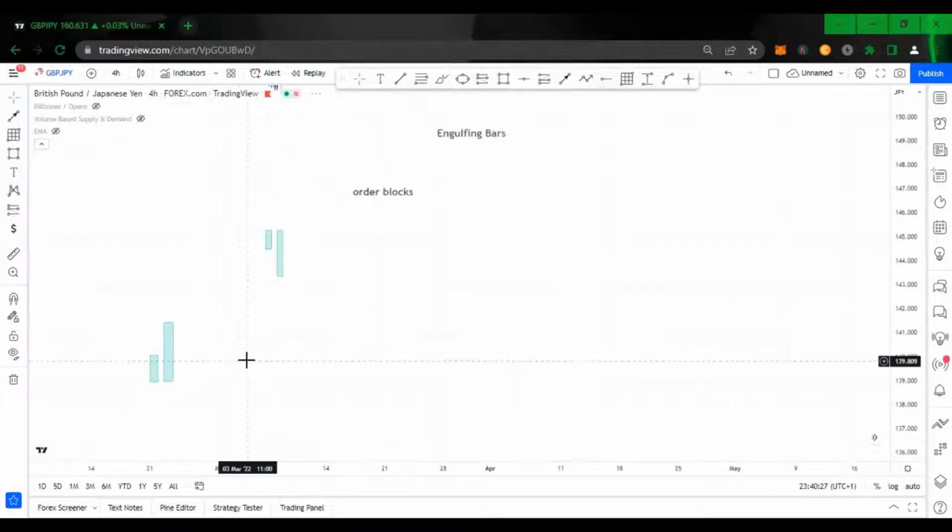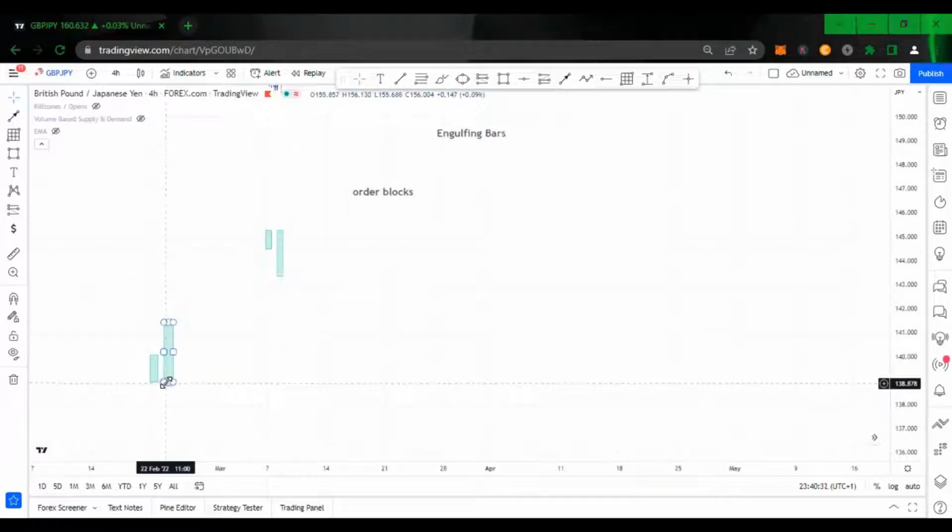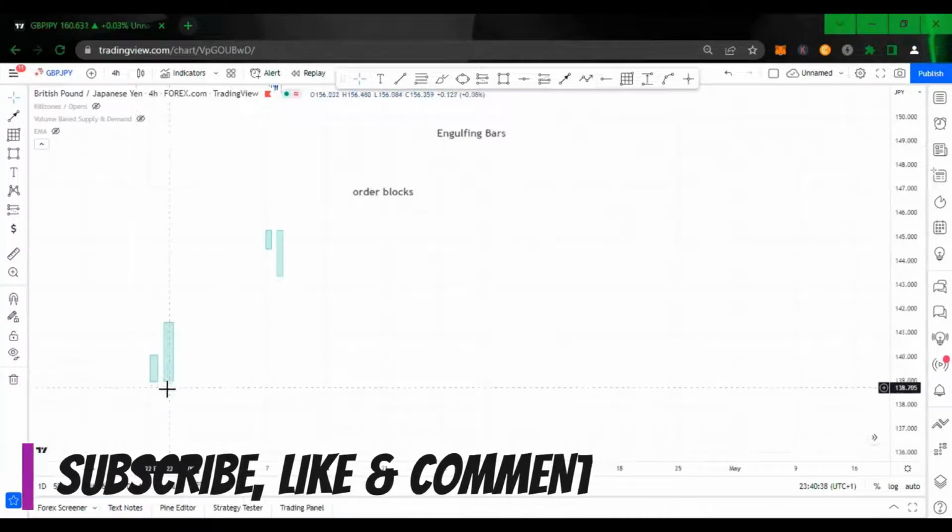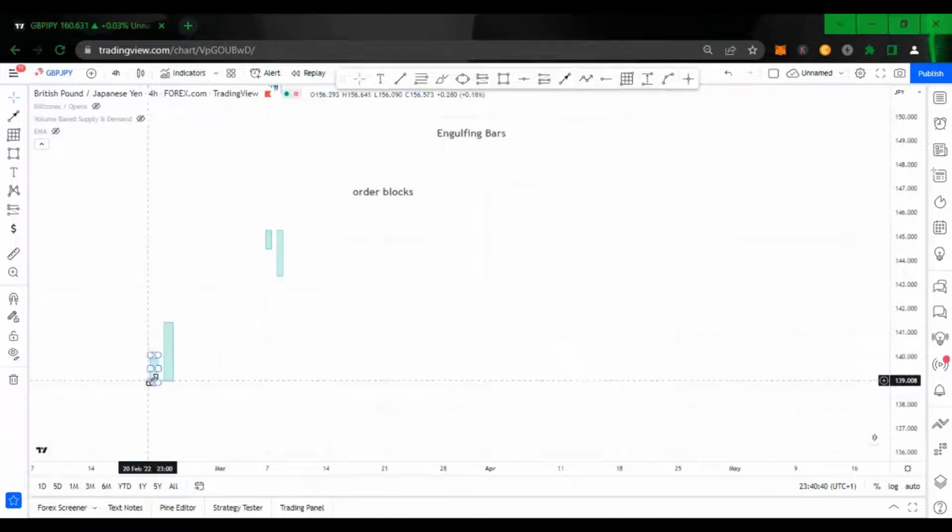And they said, when you see an engulfer, it shows you that there is more momentum in that market. So when you see a bullish engulfer where the body of the bullish candle totally covers the body of the bearish candle, then we call it an engulfer. So this is a bearish candle and this is a bullish candle. This one came down bearish and this one came up bullish. This one came up bullish and this one came down bearish.